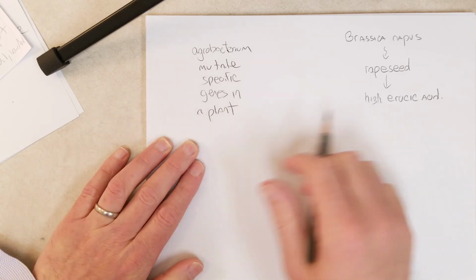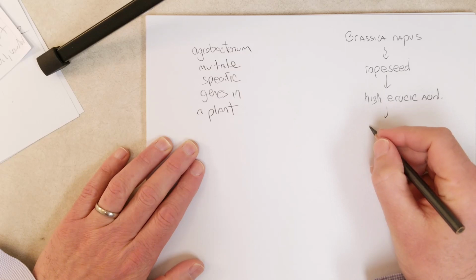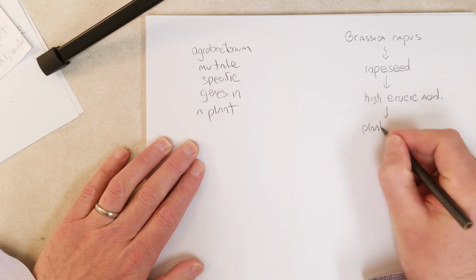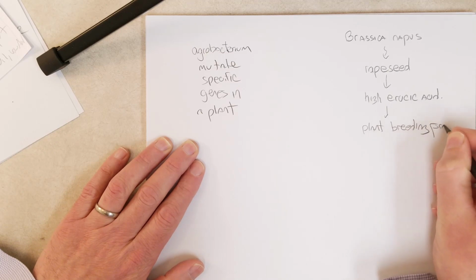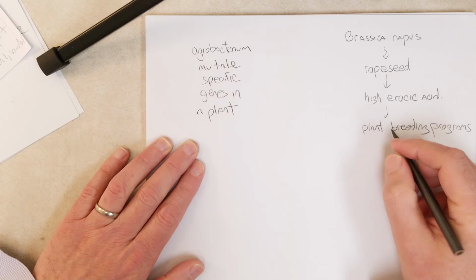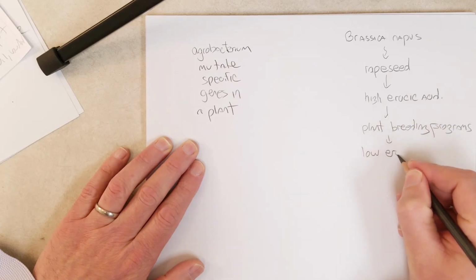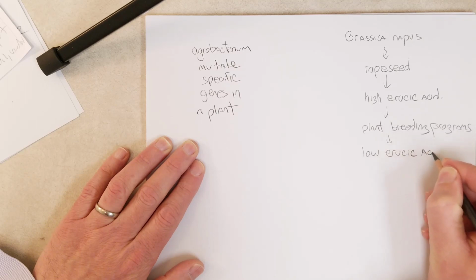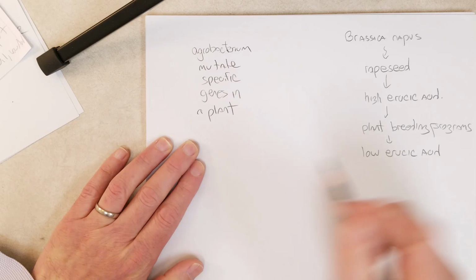So it wasn't edible. So through plant breeding programs in the 1960s and 1970s, a low erucic acid variety of rapeseed was created. And so how did they do this?